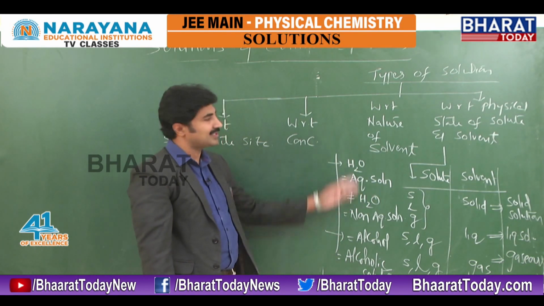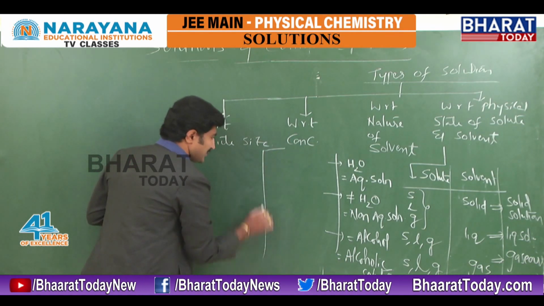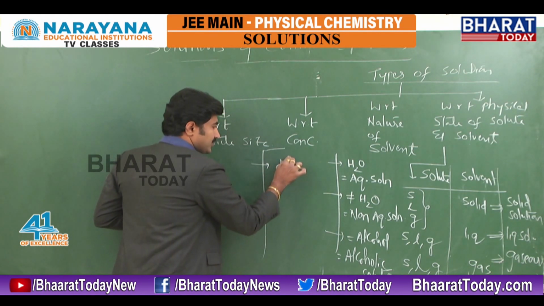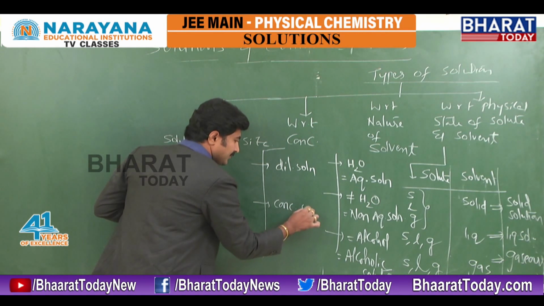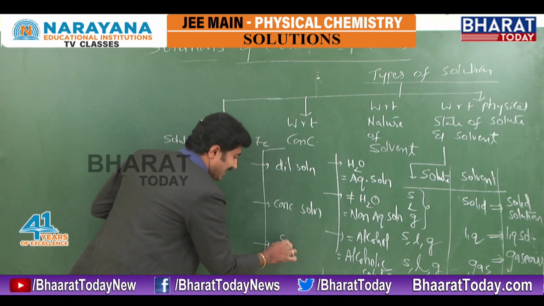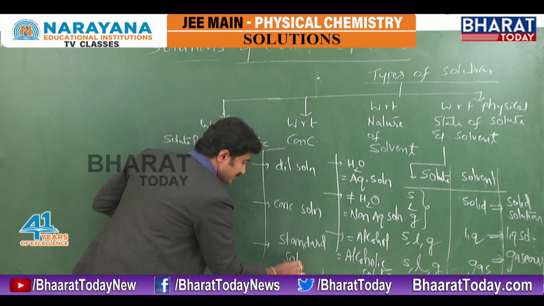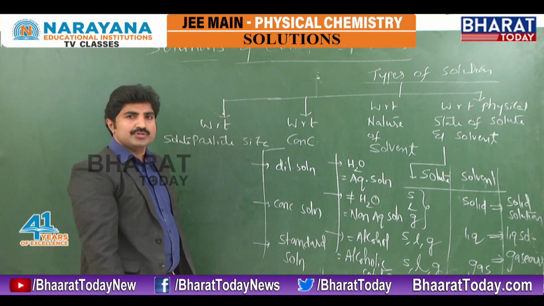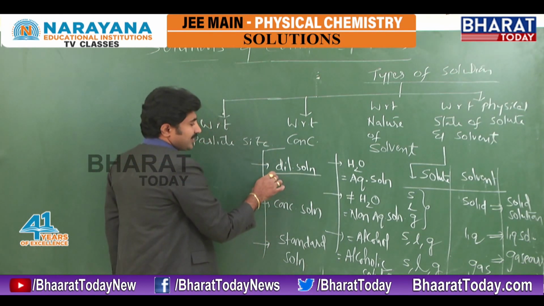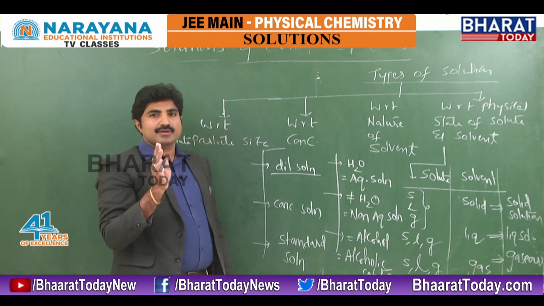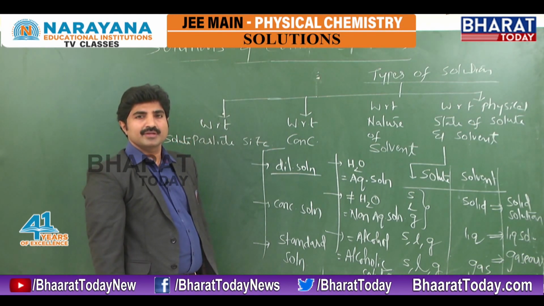Like this, based on the nature of the solvent, we have aqueous solutions, non-aqueous solutions, alcoholic solutions, benzene solutions, etc. Next, with respect to concentration, these are dilute solutions, concentrated solutions, and standard solutions. Dilute solutions have comparatively less solute than solvent present in the solution.